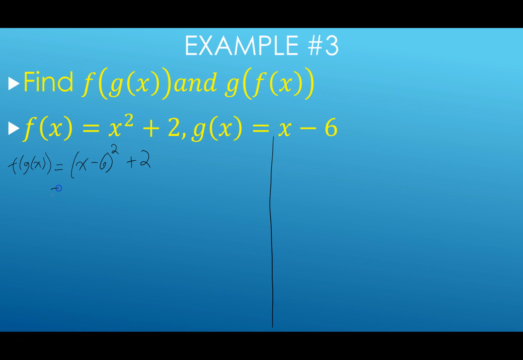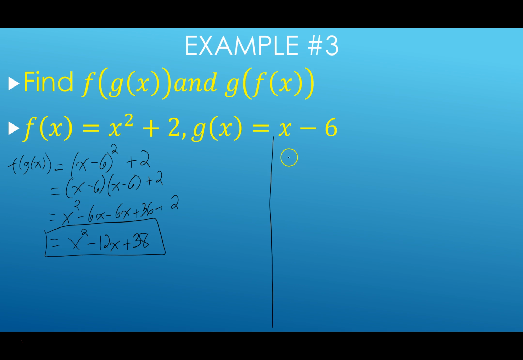So when we square that out, which we need to make sure we write it twice so we FOIL correctly, we get x squared minus 6x plus 36, and then the plus 2 at the end, which will give us x squared minus 12x plus 38. That'll be f of g.